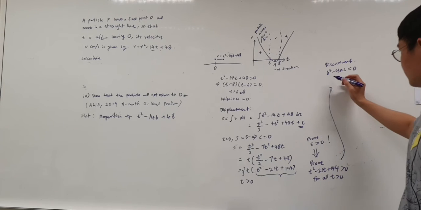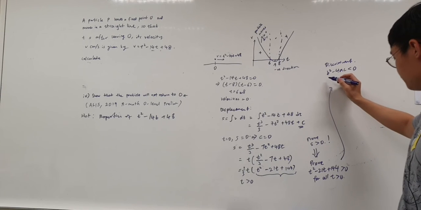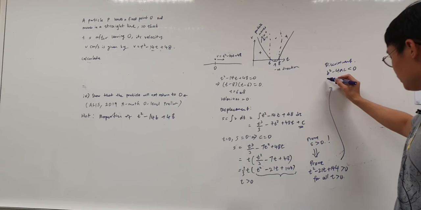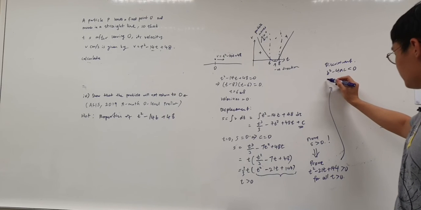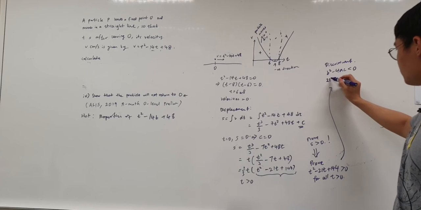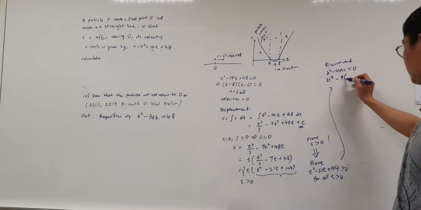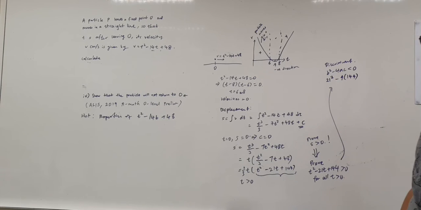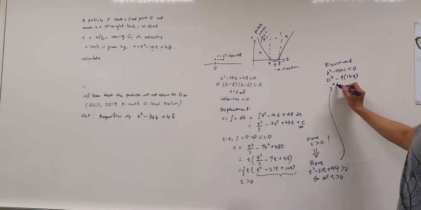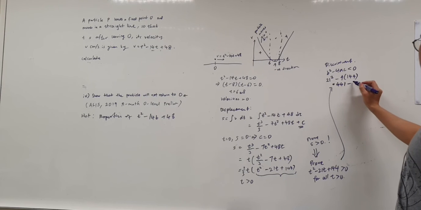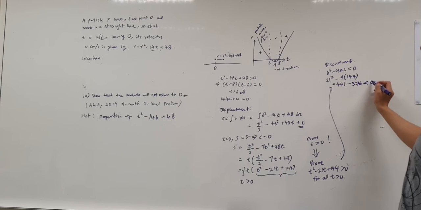So let's try this. b squared is 21 squared minus 4 times 144. And this is 441 minus 576, which is obviously smaller than 0.